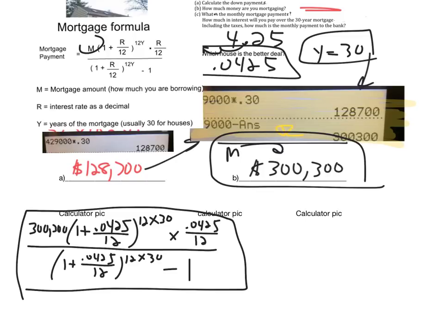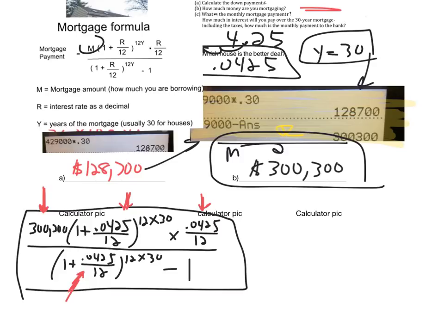And if you're getting good with these questions, what you could always do is just go back to the last time you copied the mortgage formula, highlight it, press enter, and then just simply change the M value and the R values to match whatever offer you're calculating. So you can do a lot of copying and pasting once you have the mortgage formula typed in once on your calculator.